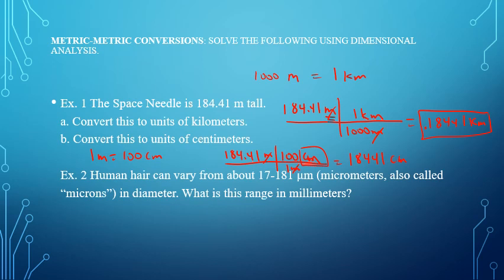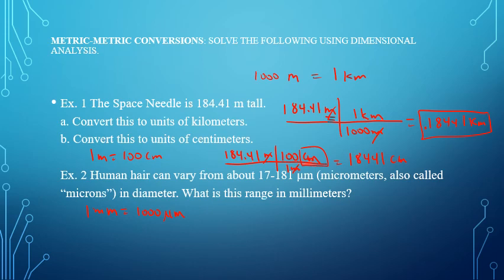So now in example number 2, it says human hair can vary from about 17 to 181 micrometers. Again, that's the Greek symbol mu, or it's also called microns. So it's asking for what this range would be in millimeters. So for my conversion factor, I know that 1 millimeter is going to be the equivalent of 1,000 microns or micrometers.